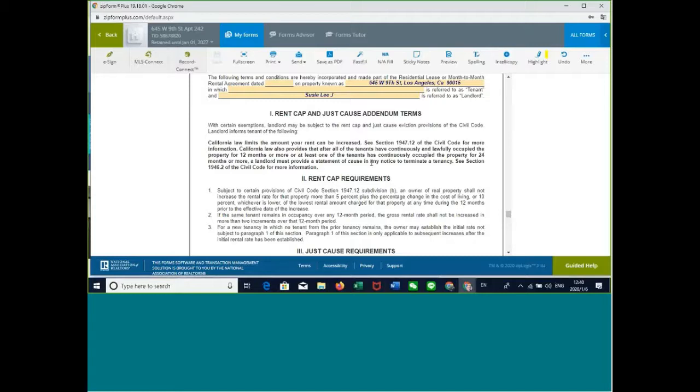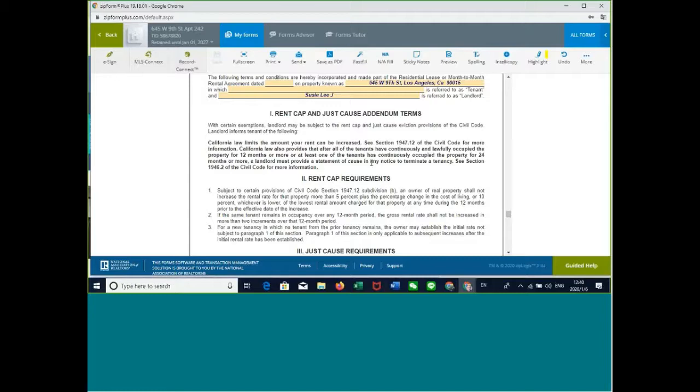If you keep the lease to no more than 12 months, if it's not in one of those eviction control cities, there is no eviction control. Let me repeat that.